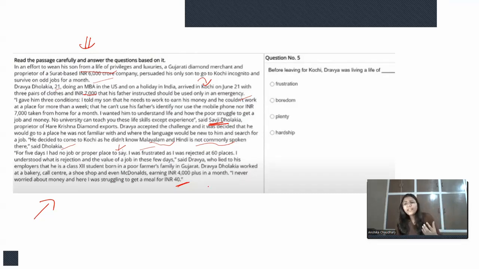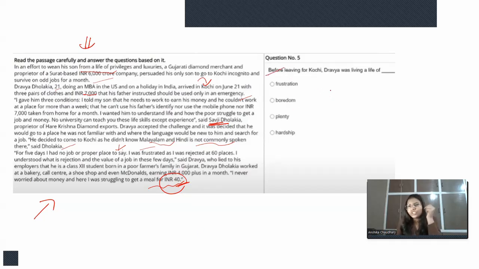But now in a new city, in a new place, where he cannot use his identity, he is facing problems even for a 40 rupee thali, or we can say food, right? Now we have questions.